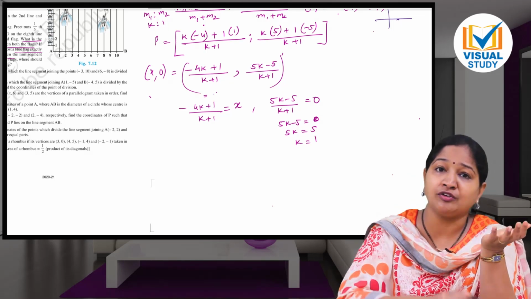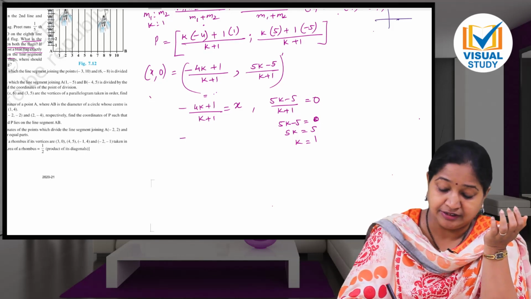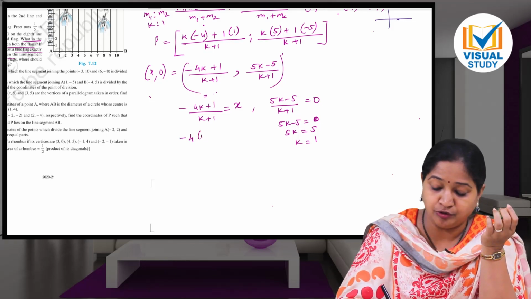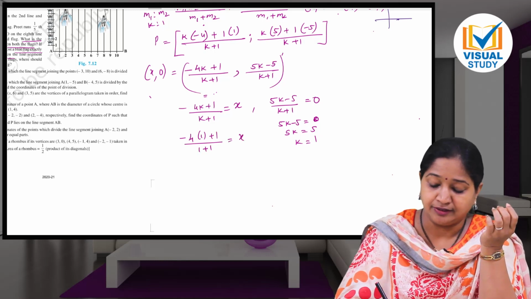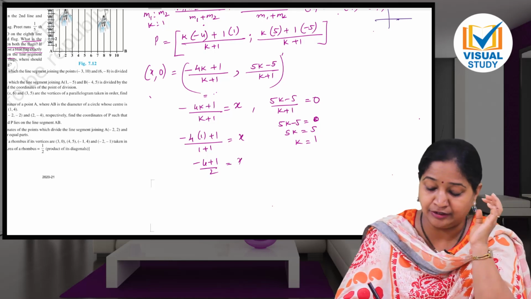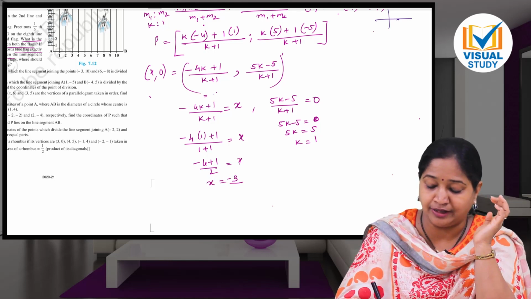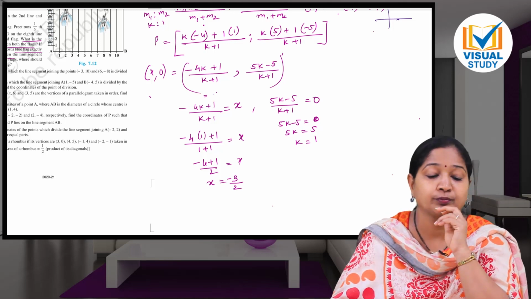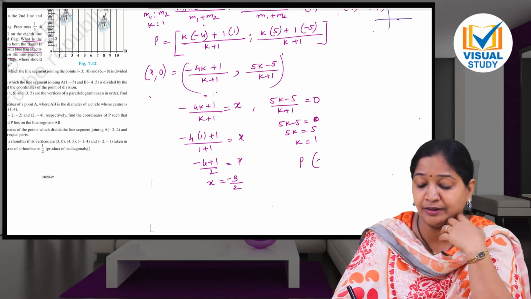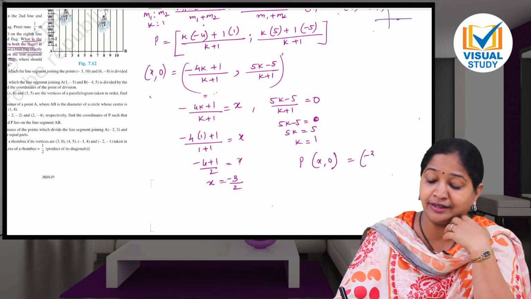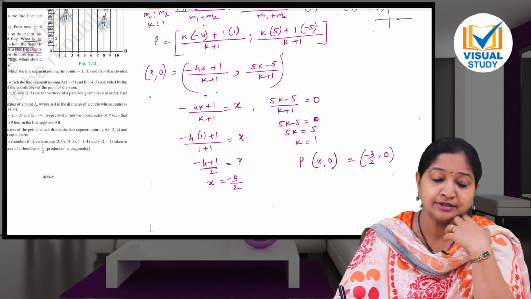Now substitute the value of k in this equation. That is minus 4 into 1 plus 1 upon 1 plus 1 equal to minus 4 plus 1 upon 2, that is x, and you get x is equal to minus 3 upon 2. So your P point will become x, 0 is equal to minus 3 upon 2 and 0.